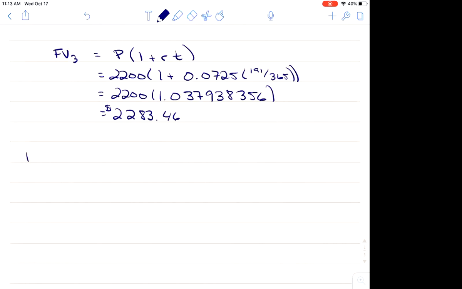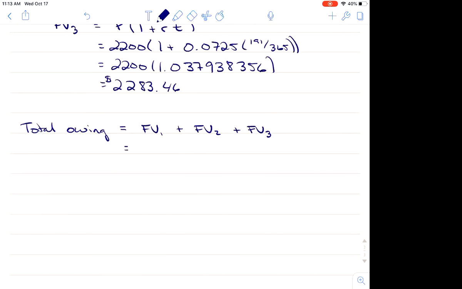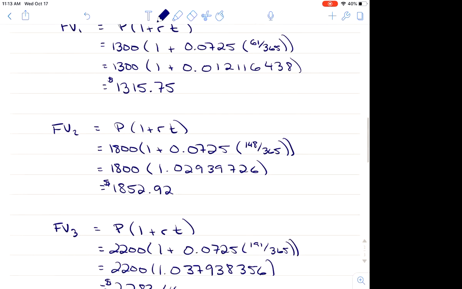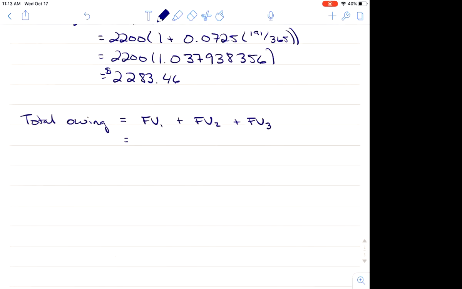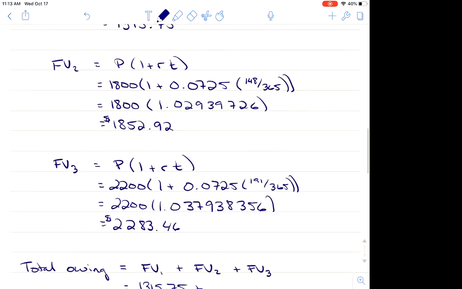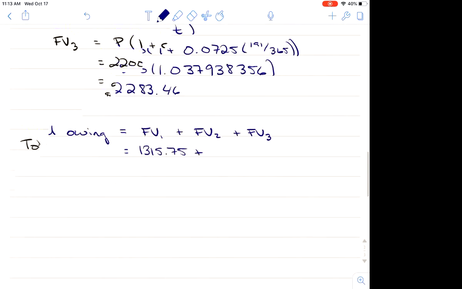The total owing we said was future value 1 plus future value 2 plus future value 3. Okay. Home stretch here. We can add these all up. Future value 1 was $1315.75. Future value 2, $1852.92.